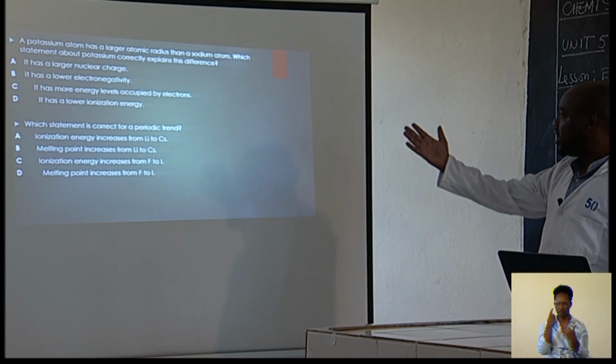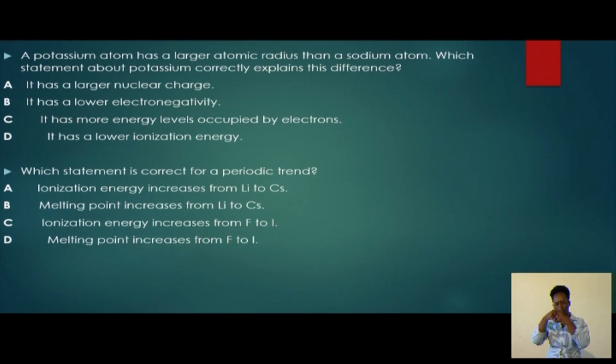We have 4 statements. It has a larger nuclear charge. It has a lower electronegativity. You think about it. It has more energy levels occupied by electrons. It has a lower ionization energy.